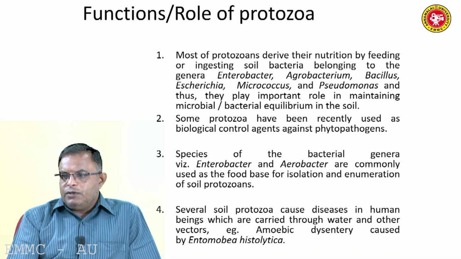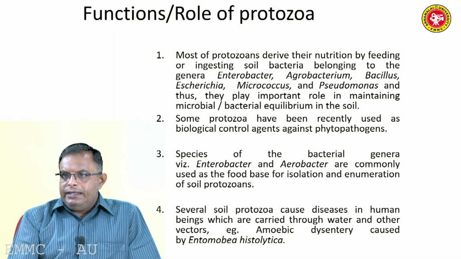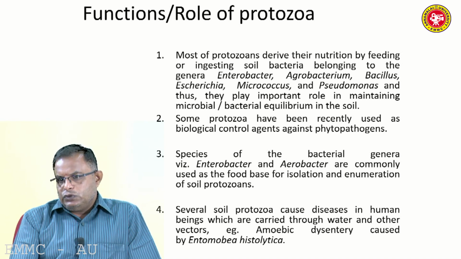Most protozoans derive their nutrition by feeding on or ingesting soil bacteria belonging to the genera Enterobacter, Agrobacterium, Bacillus, Escherichia, Micrococcus and Pseudomonas, and they play an important role in maintaining microbial or bacterial equilibrium in soil. Some protozoa have recently been used as biological control agents against phytopathogens, and some species of the bacterial genera Enterobacter and Aerobacter are commonly used as the food base for the isolation and enumeration of soil protozoans.